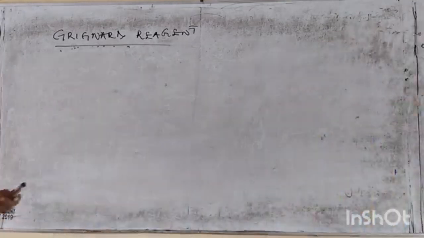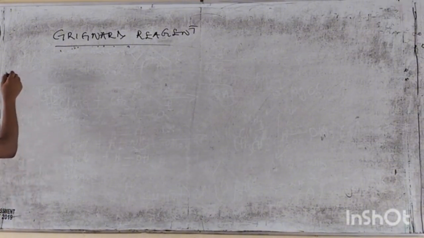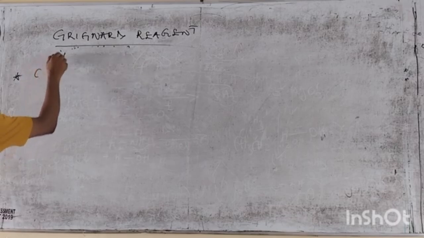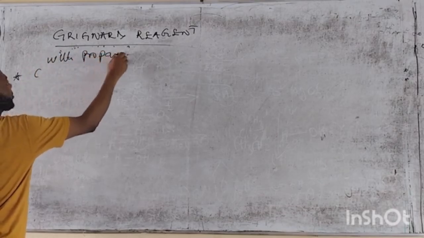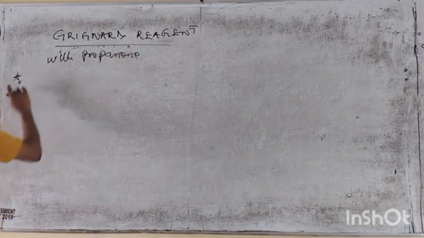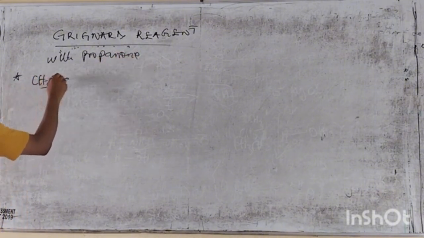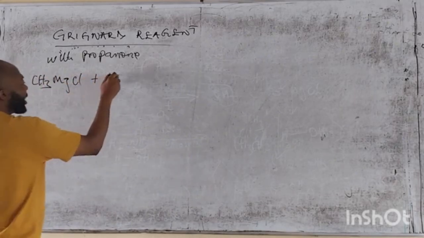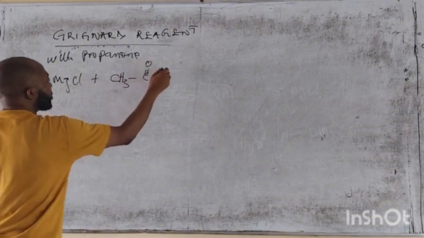The tertiary alcohol, we react that with propanone, okay, whatever the number is. I have with propanone my CH3MgCl, which is my Grignard reagent, reacting with CH3 C double bond O CH3.